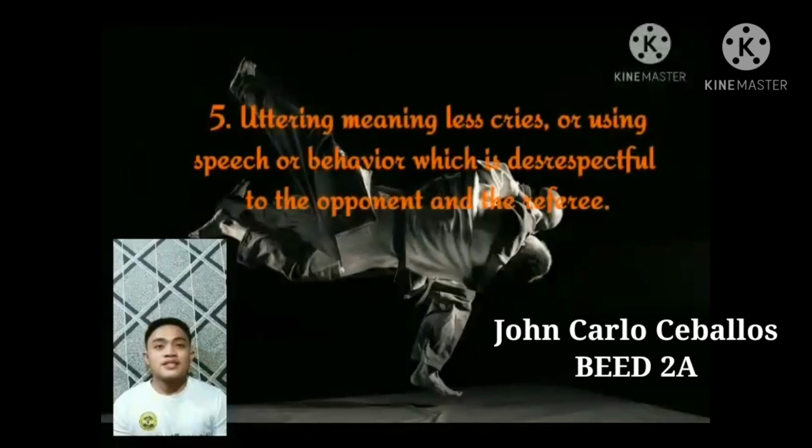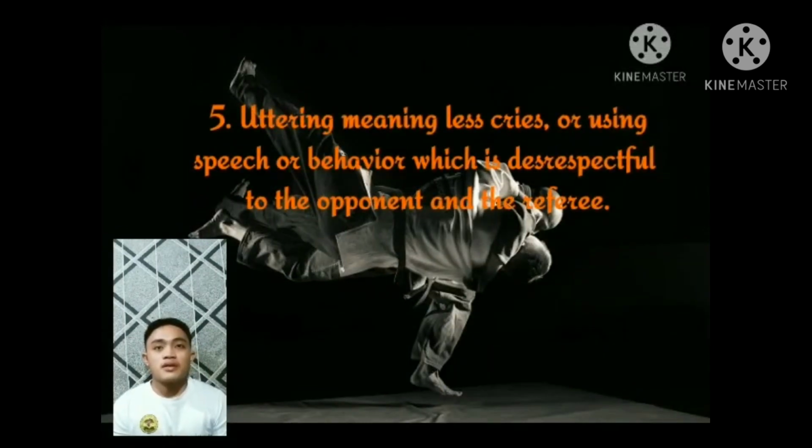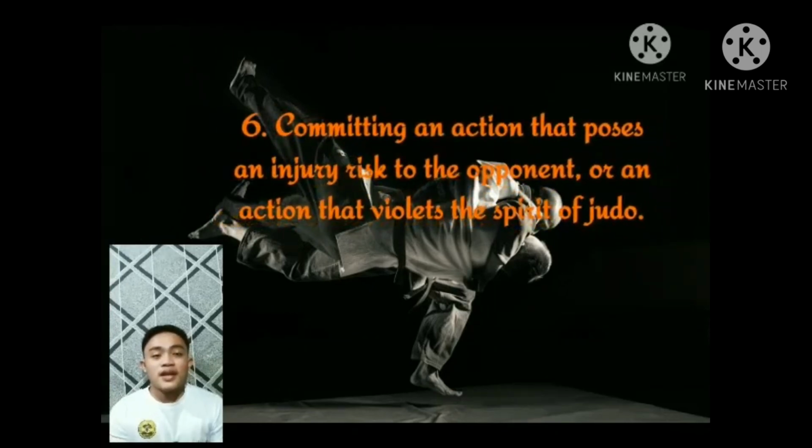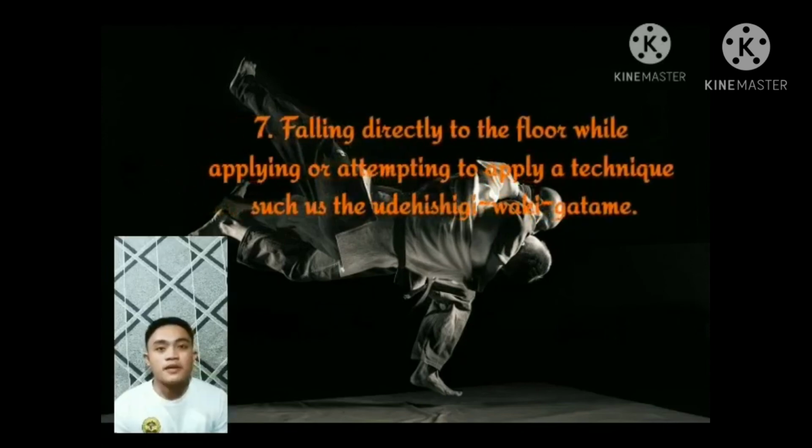Number 5. Uttering meaningless cries or using speech or behavior which is disrespectful to the opponent and the referee. Number 6. Committing an action that poses an injury risk to the opponent or an action that violates the spirit of judo. Number 7.